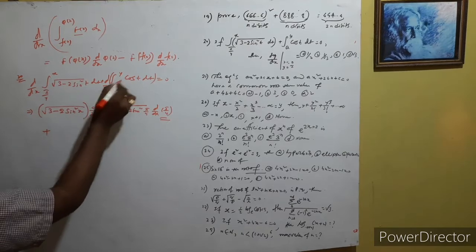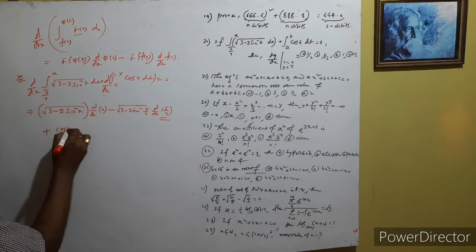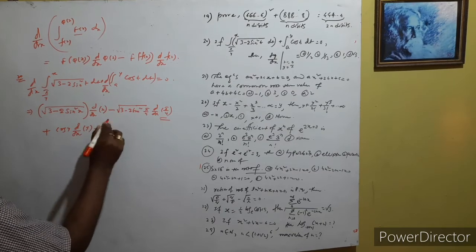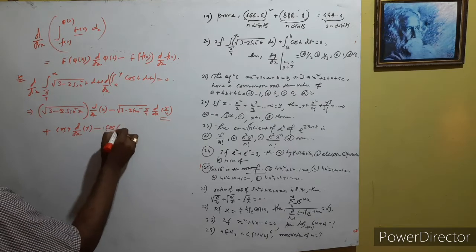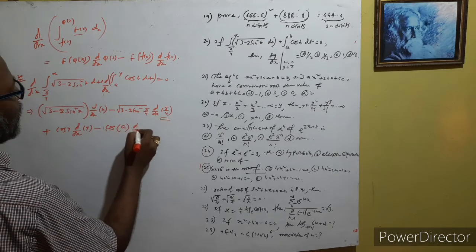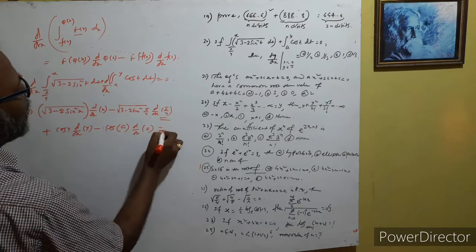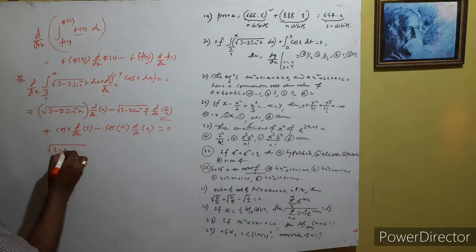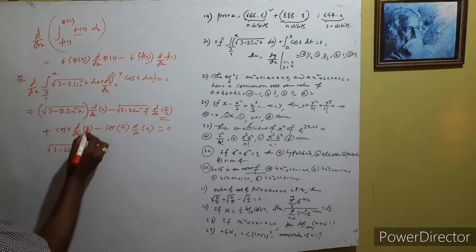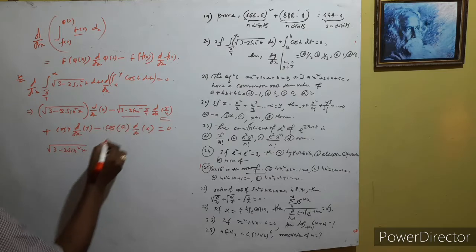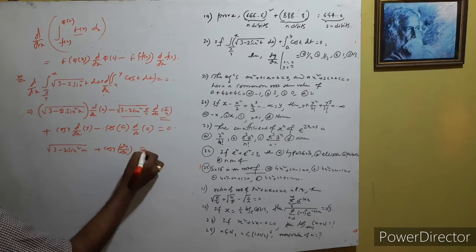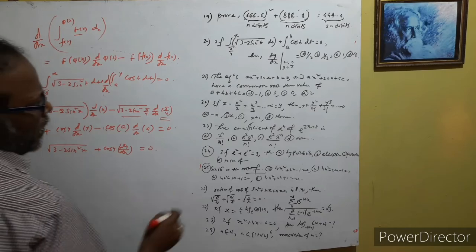Same as if we put here y, cos y and dy/dx, minus cos of a into d/dx of a equal to 0. See, this is under root (3 minus 2 sine square x), and this is 0 here, plus cos y dy/dx equal to 0. So at what point?